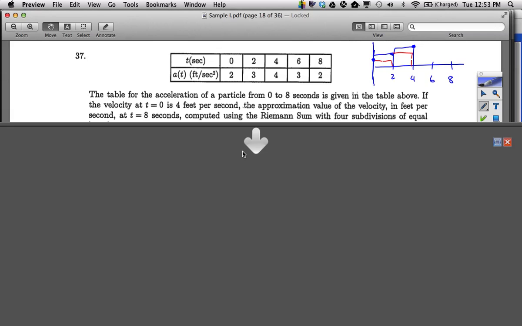Now, I'll be honest, it rarely happens. This is one of the very few problems I've ever seen where they tell you to do a Riemann sum and don't tell you it's a left or right or a midpoint or something. So there's got to be something up, right? But just start plotting the points.